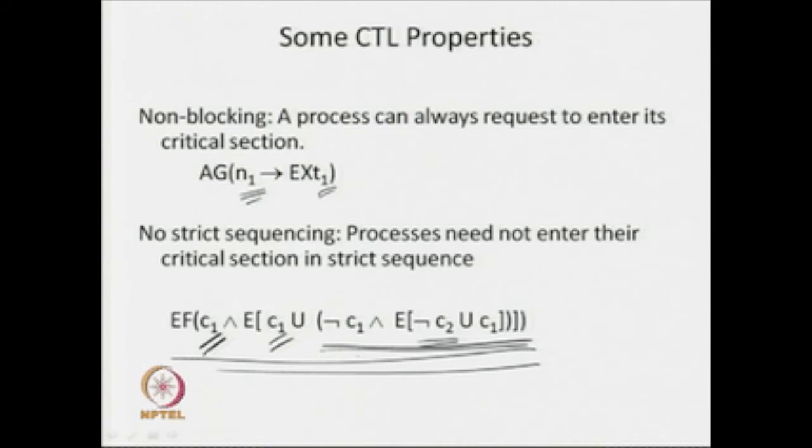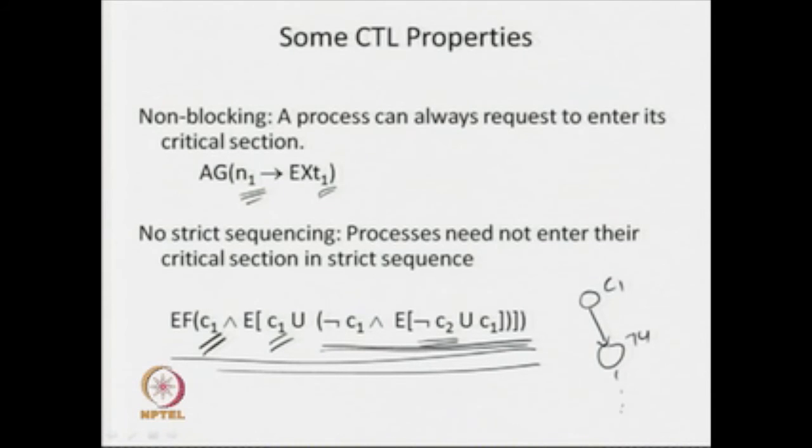So, you just see that here we are saying that we are in C1, we have entered, and I can come out from this particular point to not C1, that means now C1 is false, I am coming out of this critical section. Now, what will happen?